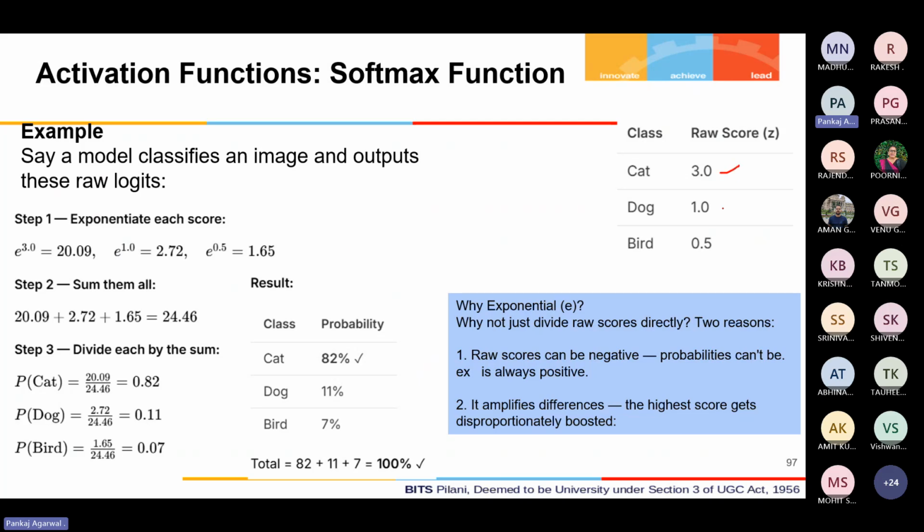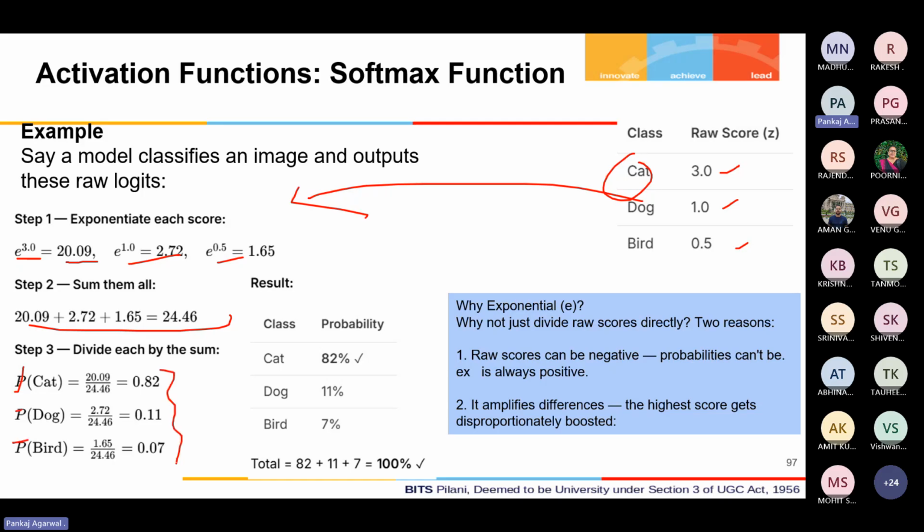Suppose this is the case. You got raw scores like this, because the network doesn't understand these. The network would always get such values. I can take these scores, and you took the sum of all of these, and then you got the probability of C, P. Now you can assume the thought process that I want to classify cat, dog, or bird in this fashion.